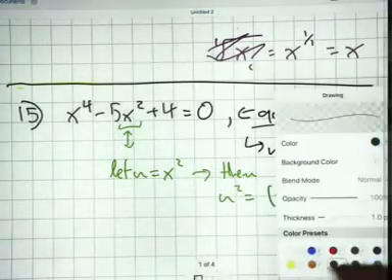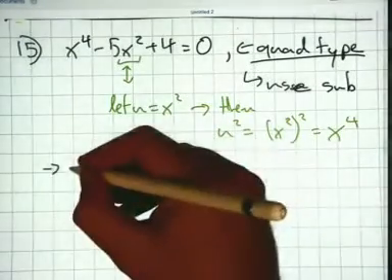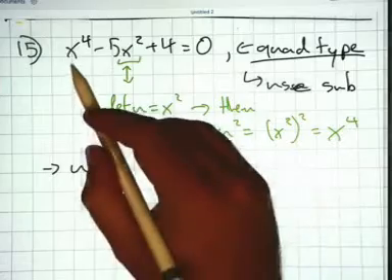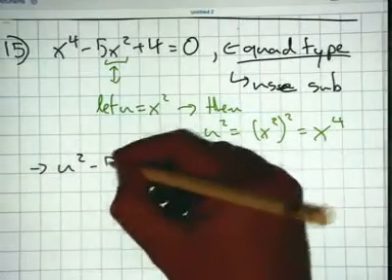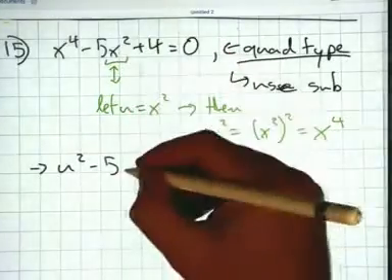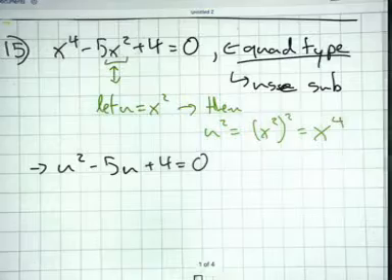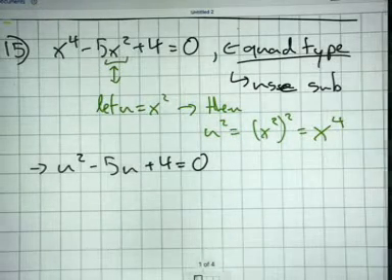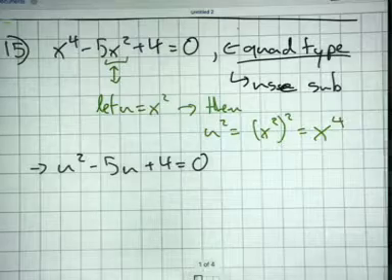So once you establish your substitution, you can replace x to the fourth with u squared. You can replace x squared with u. And now what you have is a quadratic equation.